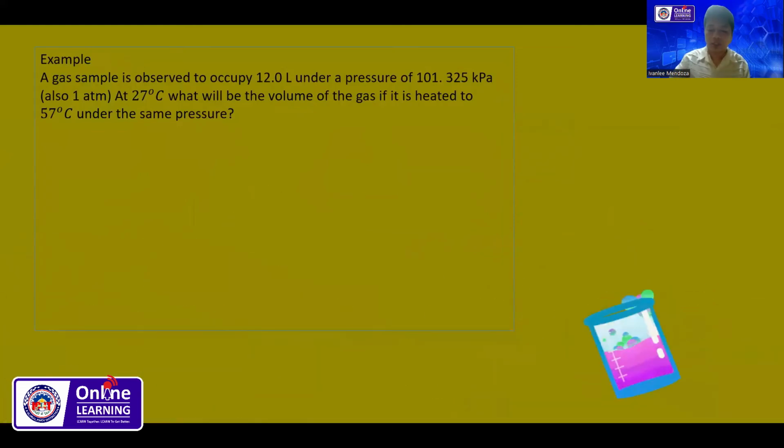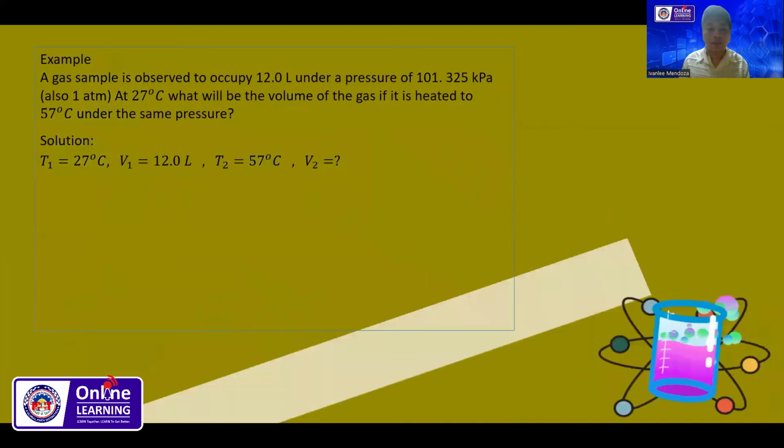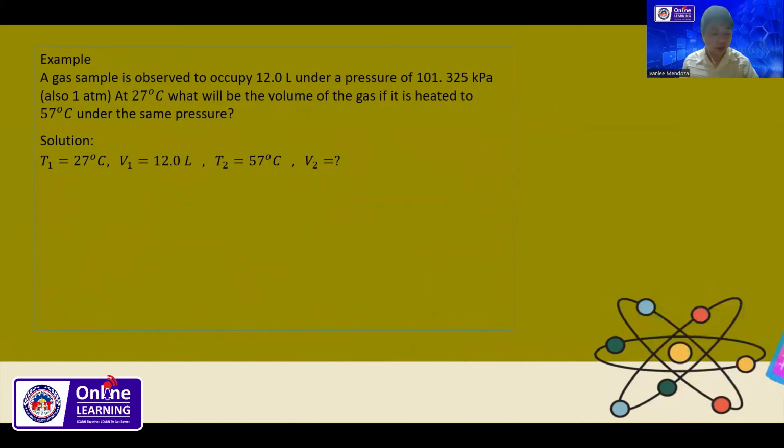But before that, we need to first identify the given. For the given, we have T1 that is 27 degrees Celsius, V1 that is 12.0 liter, T2 that is 57 degrees Celsius, and we need to determine the final volume.